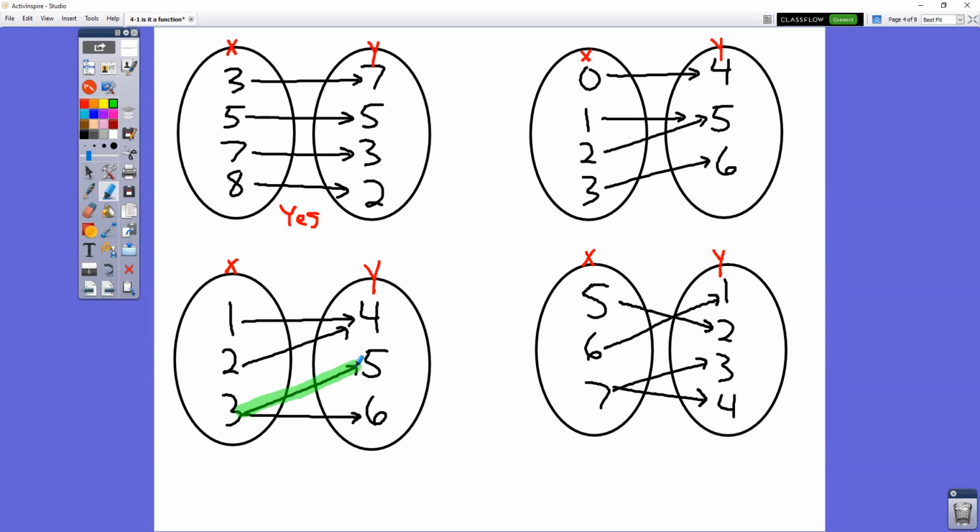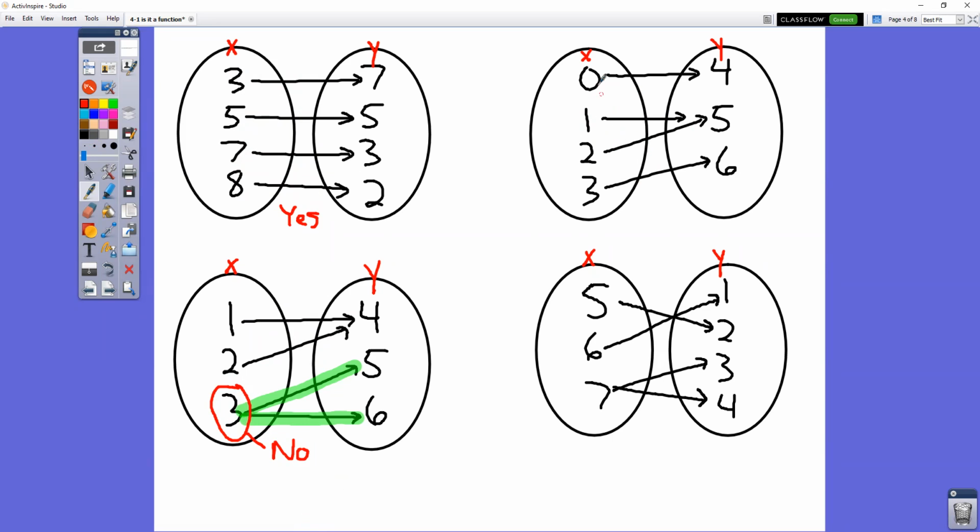Notice that I have two arrows coming out of the 3. I have 3, 5 and 3, 6. I'm using this X value twice. So because I'm using this 3 twice, this is a no. I have two arrows shooting out of the 3. So that is a no.